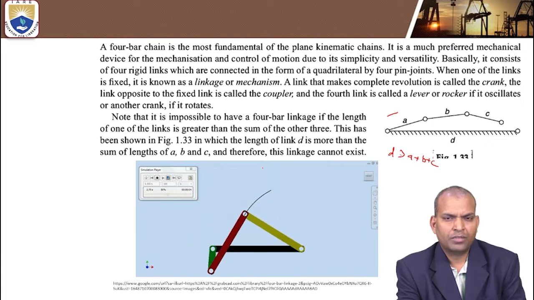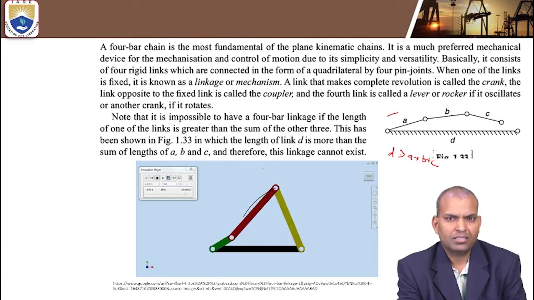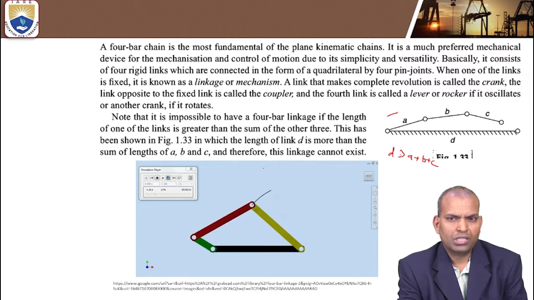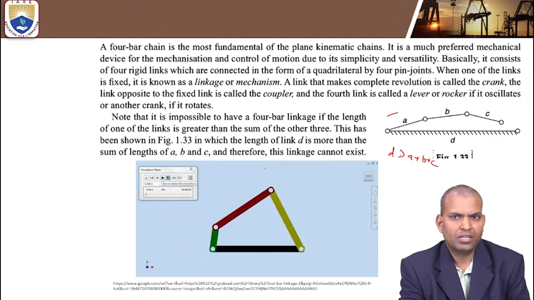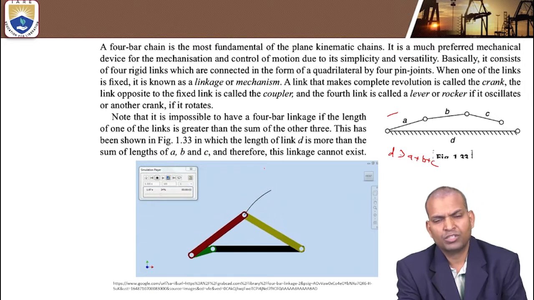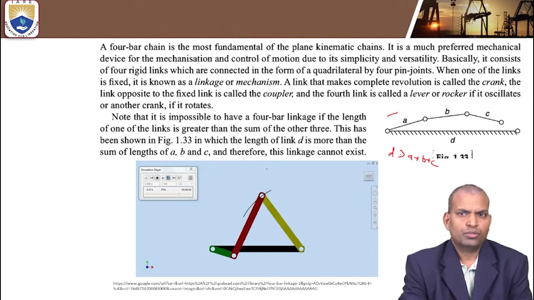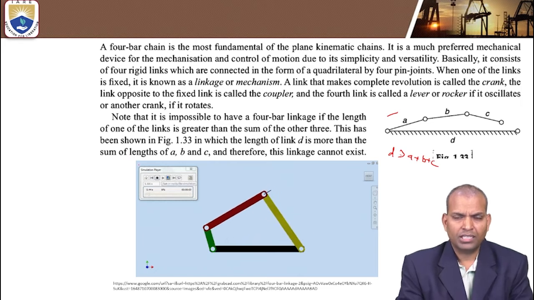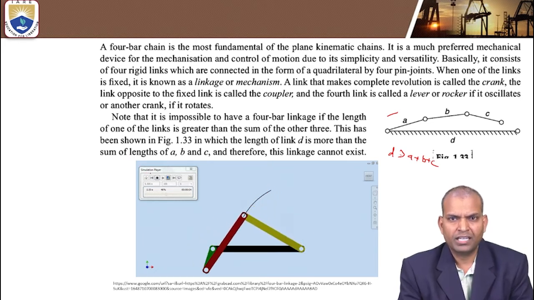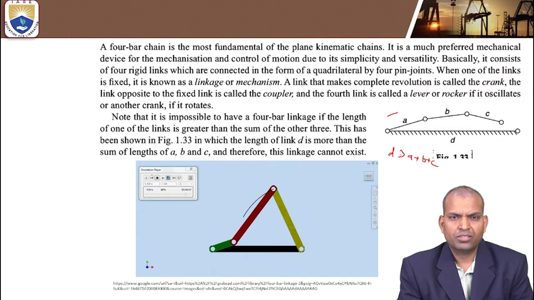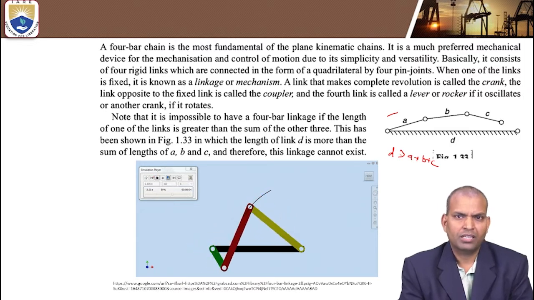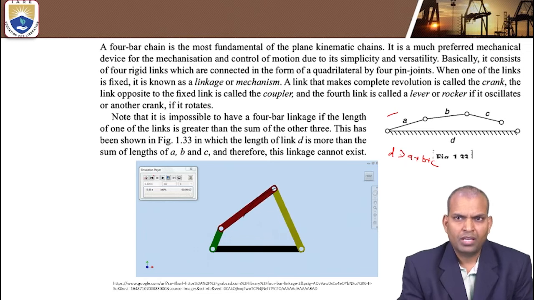So there should be some rules and regulations, am I right? Those rules are defined by Grashof. That's why Grashof's Law is used in order to transmit motion. That means D should not be greater than the sum of the lengths of the links A, B and C. Okay, that is one of the rules.